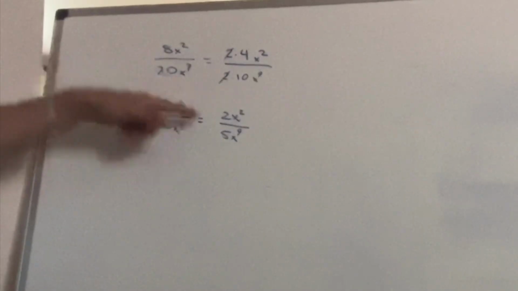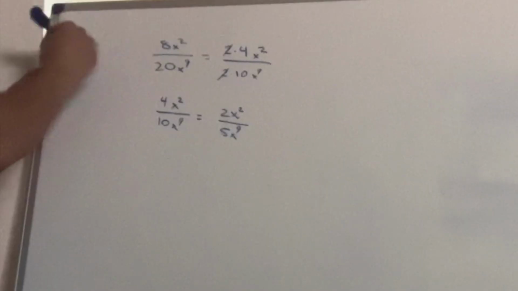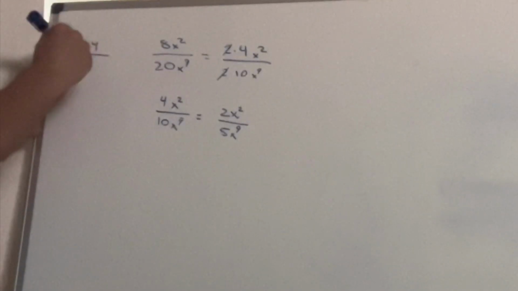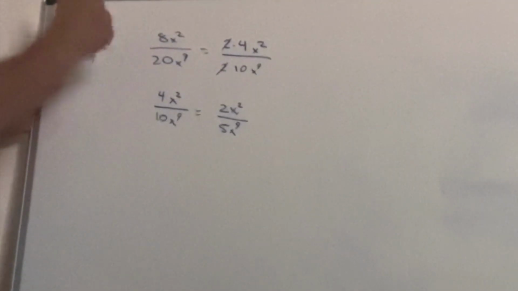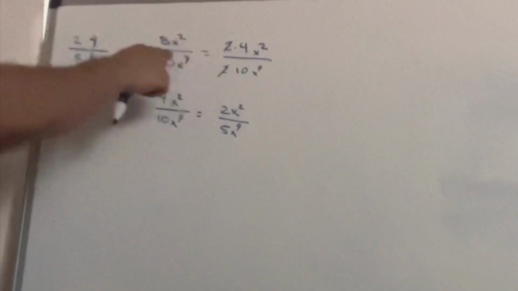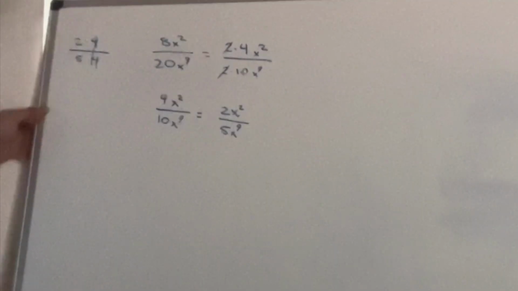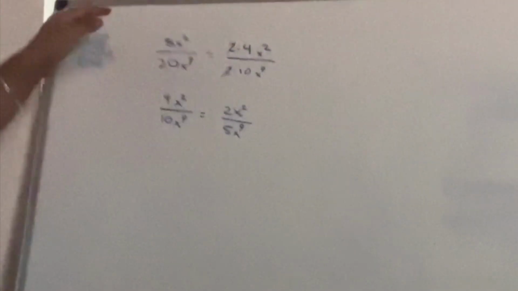You could jump from here to here if you know that 8 is the same thing as 2 times 4, and 20 is the same thing as 5 times 4. Because now the 4s cancel out, you're left with 2 over 5. So you can skip these 2 steps if you know that. But if you don't know that, you could just slowly go down.